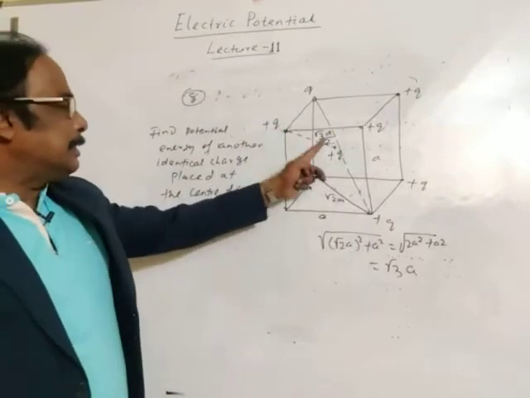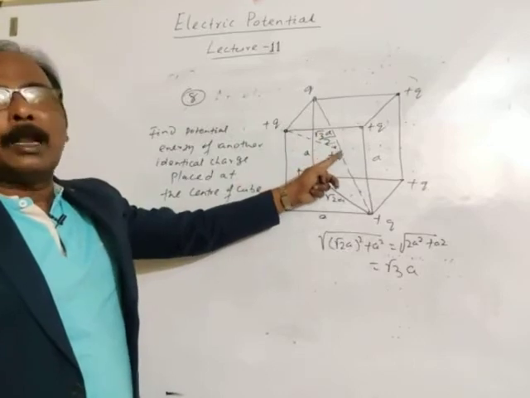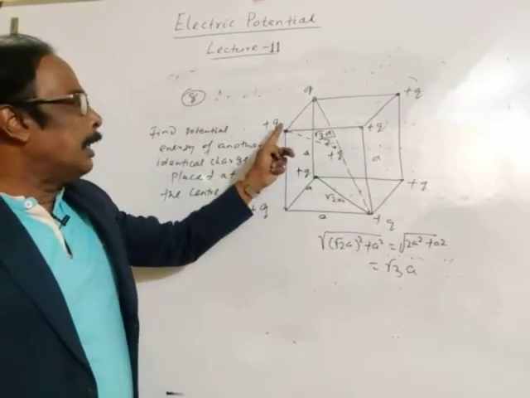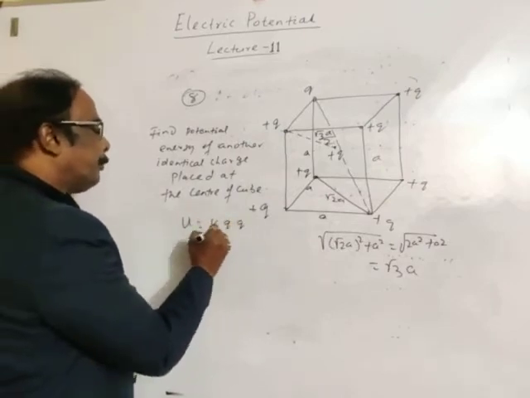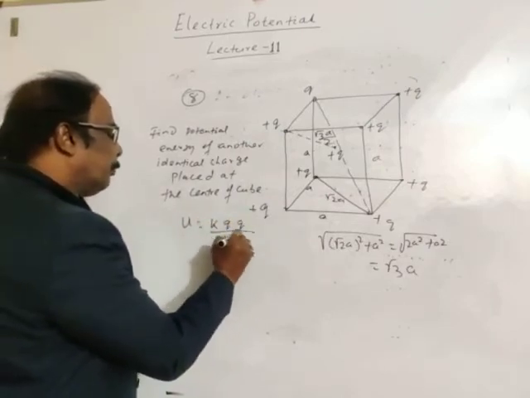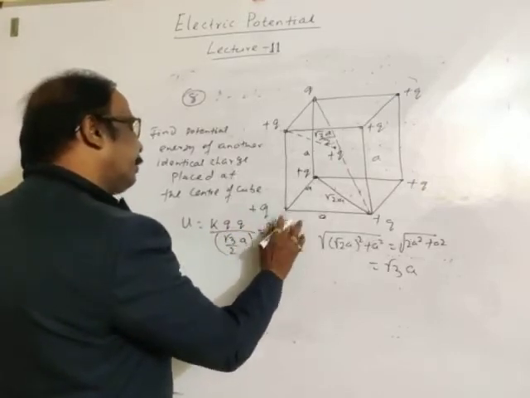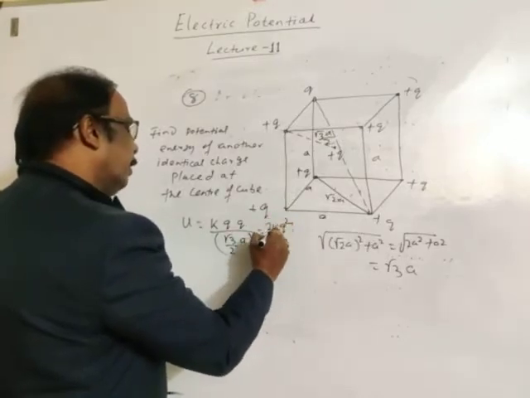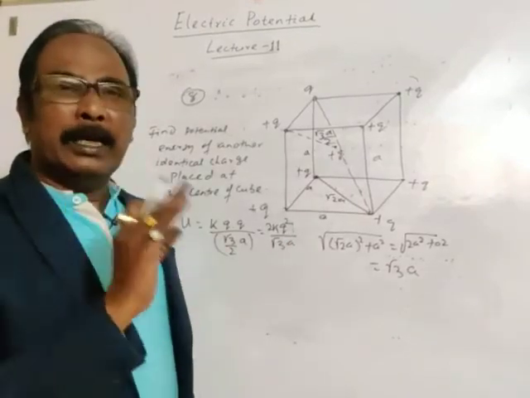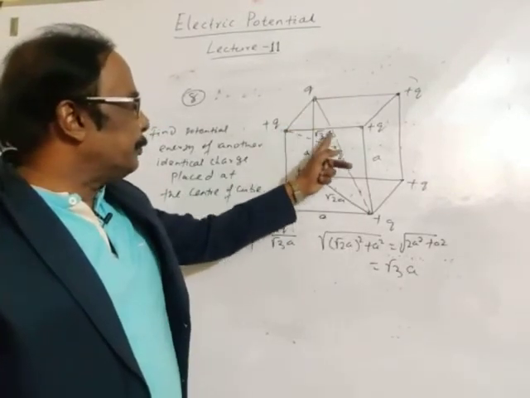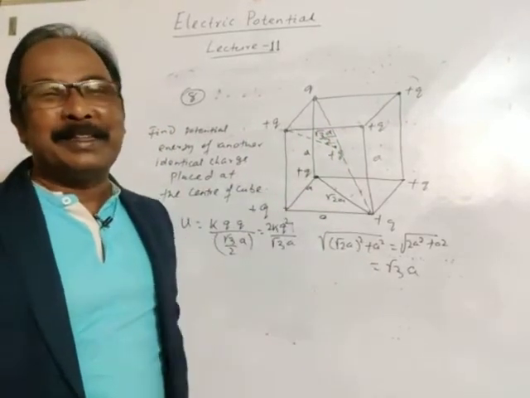Okay. So potential energy between any 2 charges, means the charge placed at the center of the cube and any one of the charges, is Q into Q divided by root 3 by 2A. So this equals 2KQ square divided by root 3A. See, this type of 8 sets are there. This is one set, and there are 8 charges at 8 corners.